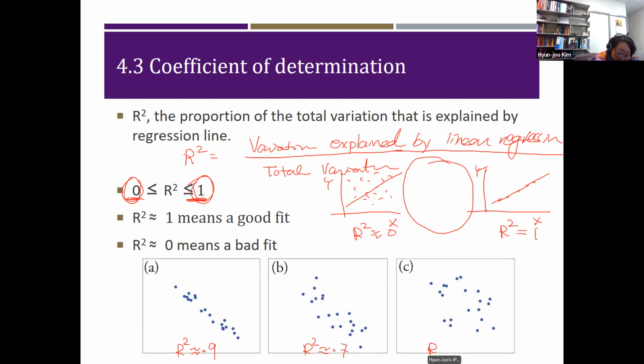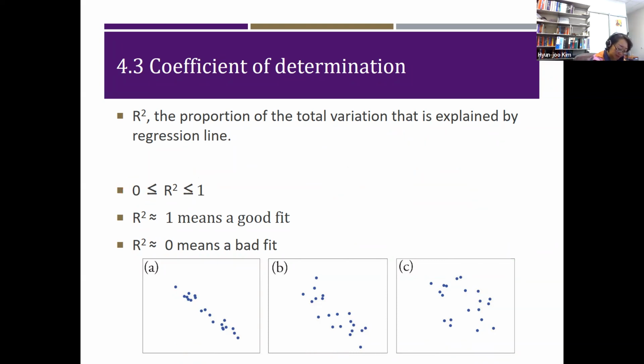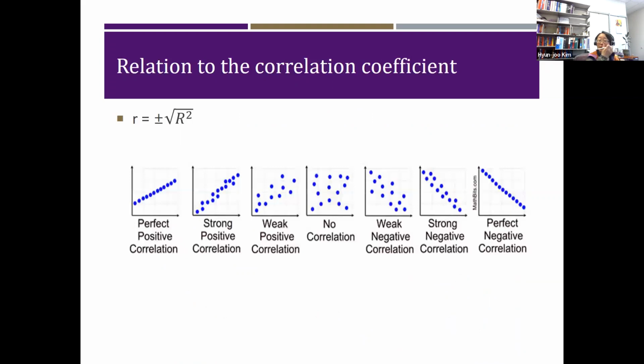And for this one, probably 0.4-ish, 0.5-ish. So you can guess R square from the scatter plot. That's R square, the coefficient of determination.